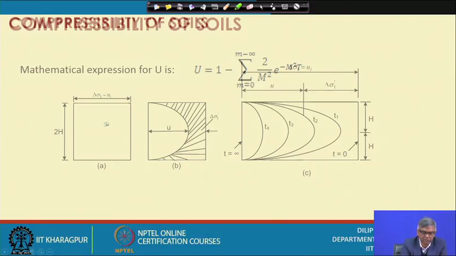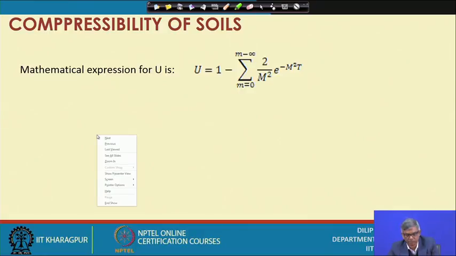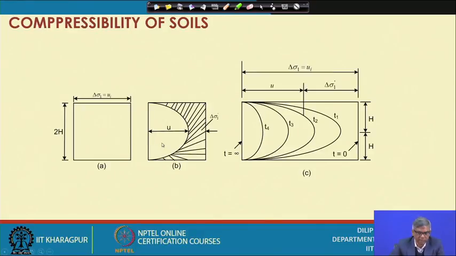Initial pore pressure is like this, and at any time suppose this much has dissipated, and this is yet to be dissipated. Like that at different time intervals.